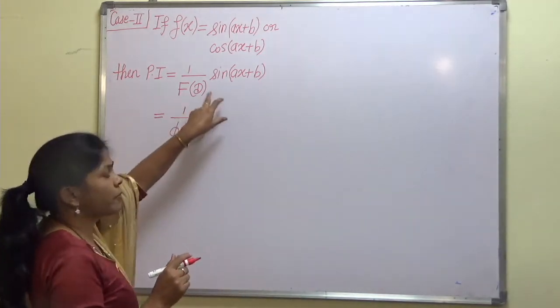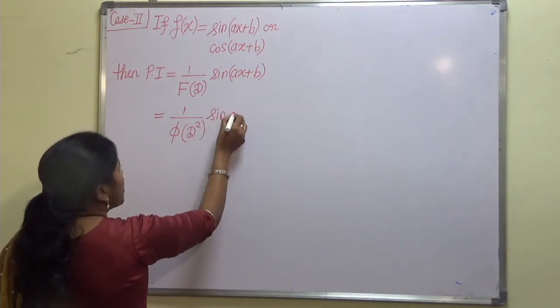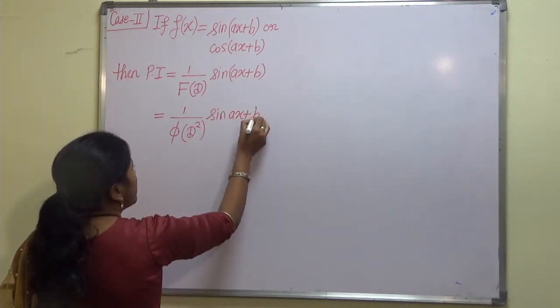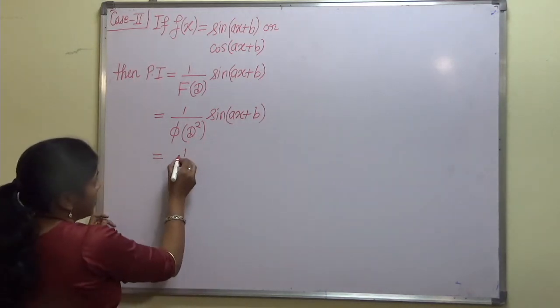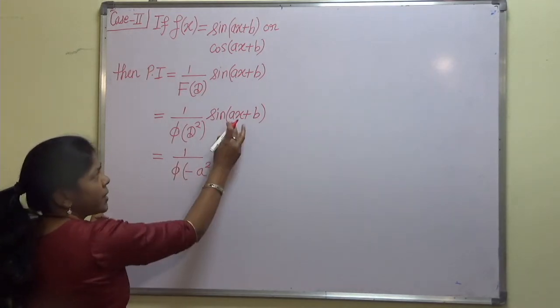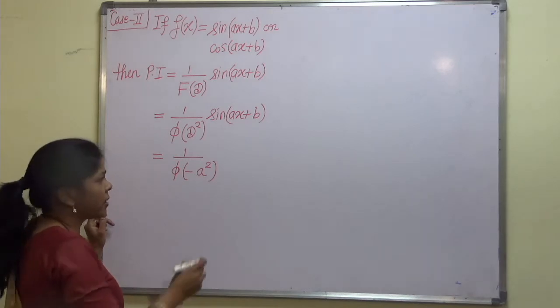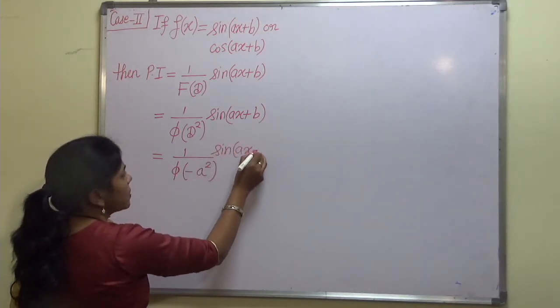So we obtain from the function of D the function of D square. And once we get a function of D square, then just replace D square by minus a square. What is a? A is the coefficient of x here, operating on sin(ax+b).